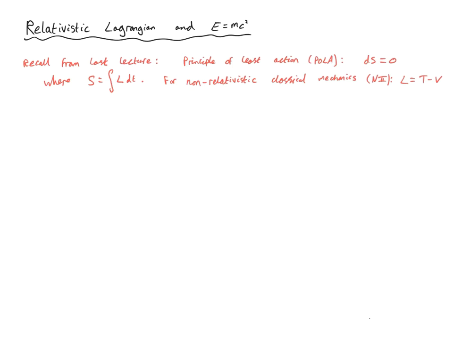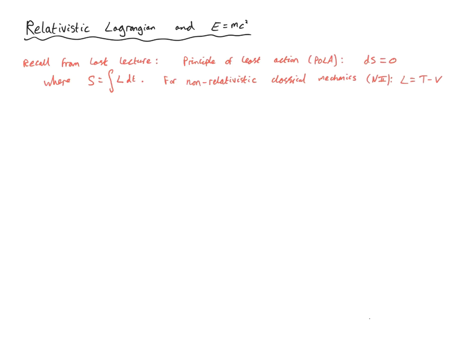We considered the principle of least action, which tells us that the correct classical path is the one with the minimum action. That is a condition dS equals 0, where the action S is the integral over time of this thing L, where L is the so-called Lagrangian. If we were to use the condition dS equals 0 with the definition of the action S as it's written here, then we would generate the Euler-Lagrange equation of motion, which is an alternative and more powerful formulation of Newton's second law.